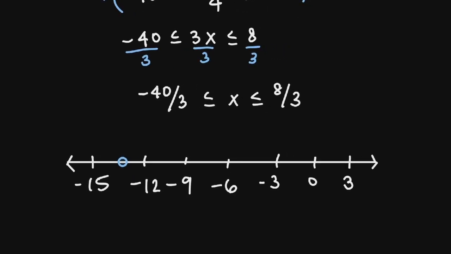And 8 over 3 would be somewhere here. And then since they're equal to, that means we're going to fill in the circle. And then we're going to connect them. And that's our graph.